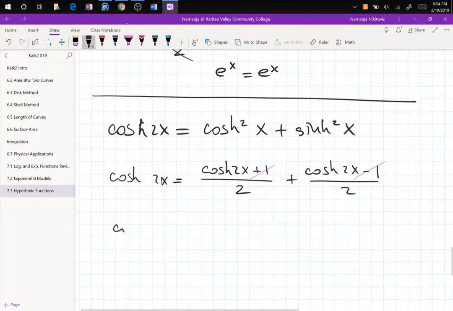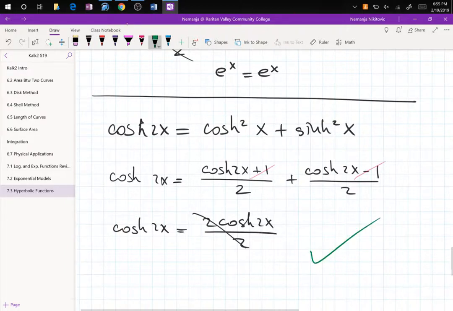And we have cosine hyperbolic 2x is equal to 2 cosine hyperbolic 2x over 2. This dies, and I said 2 lines. Not if you plug in these. Can you plug in the exponentials? Yes, you can, but then you have to FOIL and do the rainbow and all that stuff.